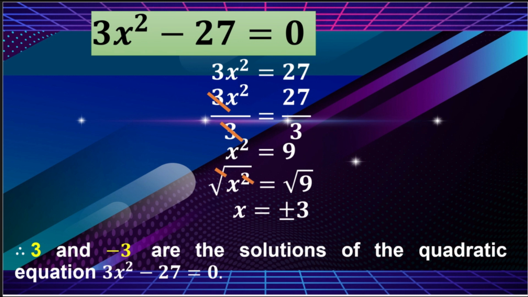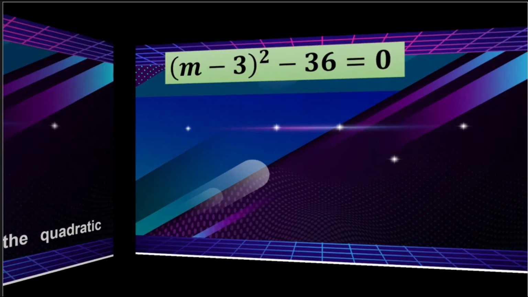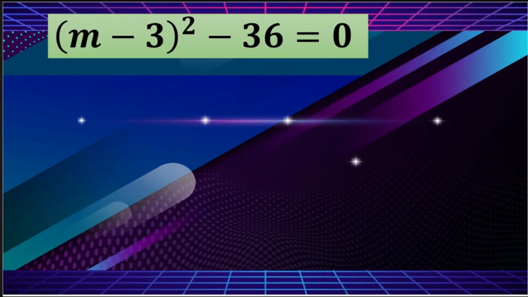How about if our example is like this? The square of m minus 3 minus 36 is equal to 0. Just like what we did earlier, we are going to transpose negative 36.